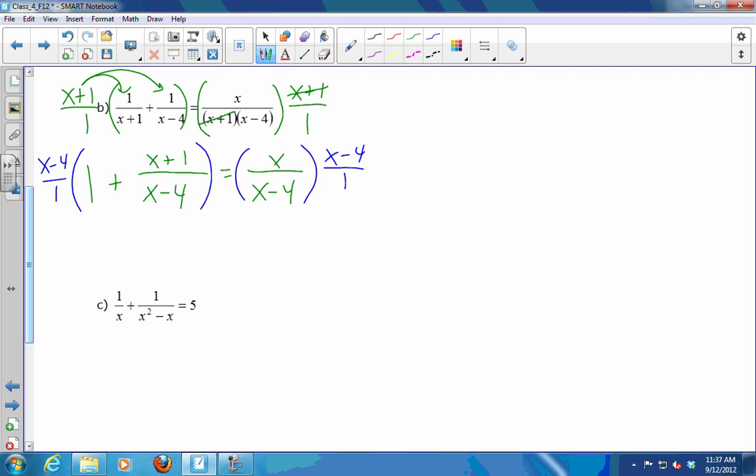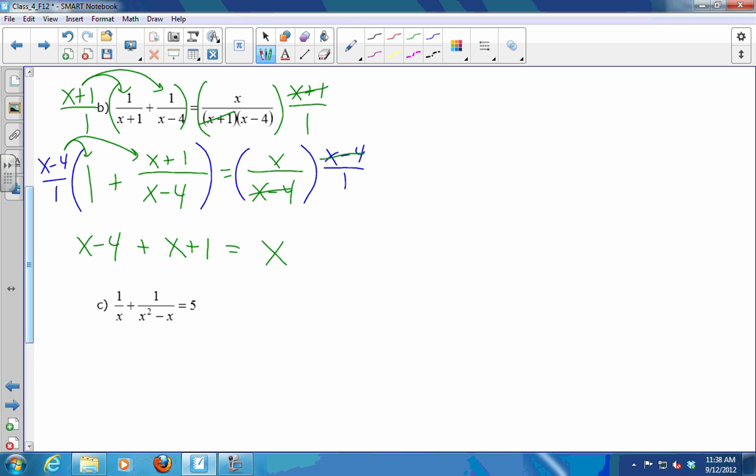X minus 4 times 1 is x minus 4, right? Anything times 1 is itself. And then when I distribute this x minus 4 to the next two terms, it's just x plus 1 because I have an x minus 4 in the numerator and the denominator. They cancel. So I just have x plus 1 equals x, right? The x minus 4s cancel on the right.